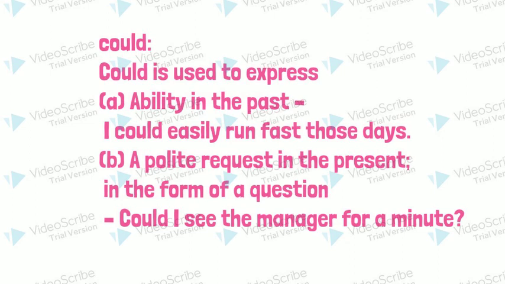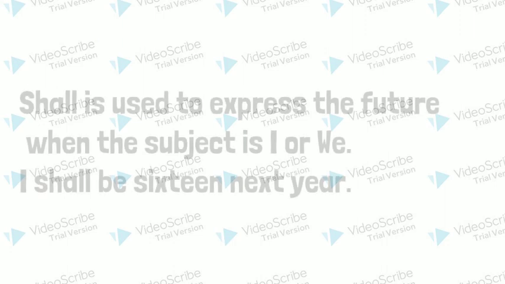Next, a polite request in the present. This is not the past; here we are using could in the present. If you need to make a polite request to your ma'am, teacher, or manager, you can use could. Could I see the manager for a minute? Could you give me the answer for this? These are polite requests in the present.